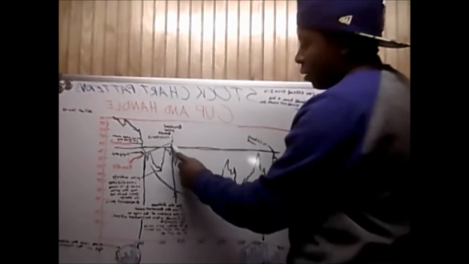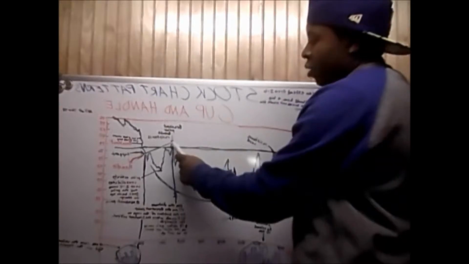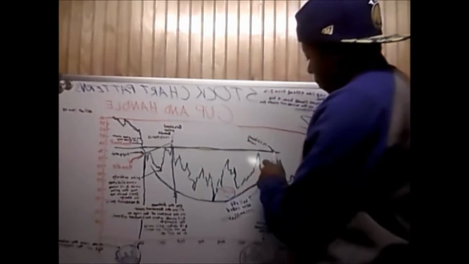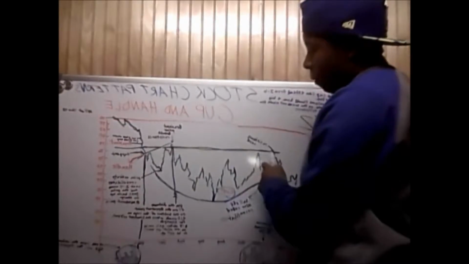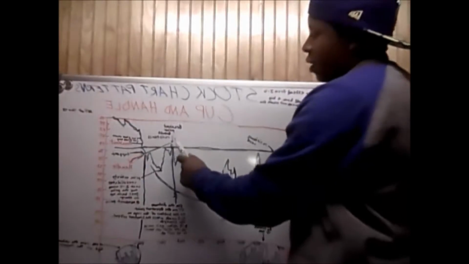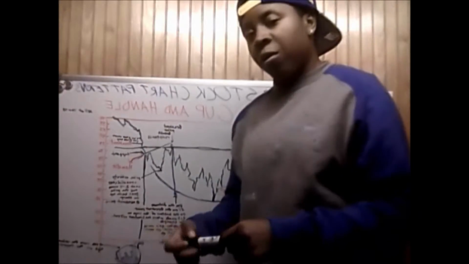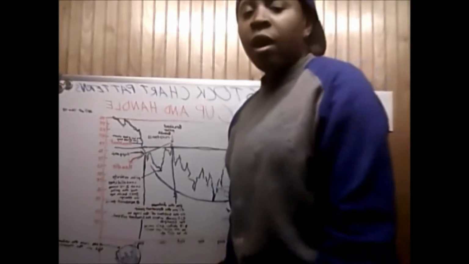Because the stock broke through the level of resistance right here. So this is a signal that the stock should be getting ready to hit the level of support and break out.